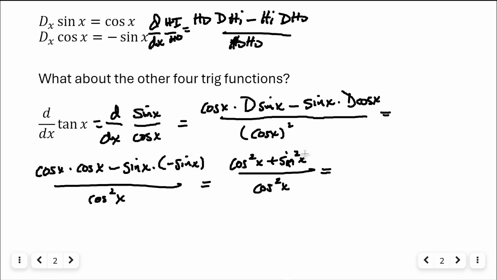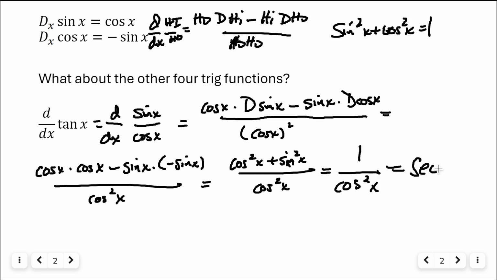But wait a minute. In pre-calc, you learned something about sine squared plus cosine squared. Hopefully you remember what it is. Sine squared plus cosine squared is 1. So this is 1 in the numerator over cosine squared. But what's 1 over cosine? 1 over cosine is secant, but it's squared.